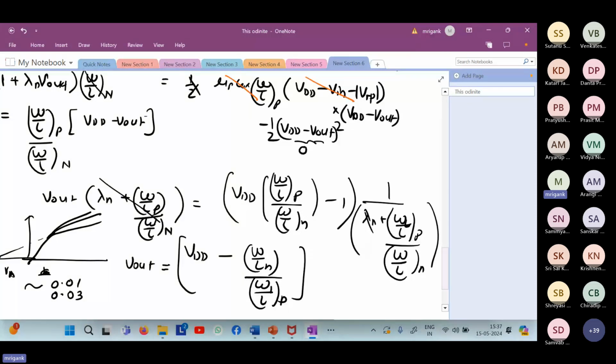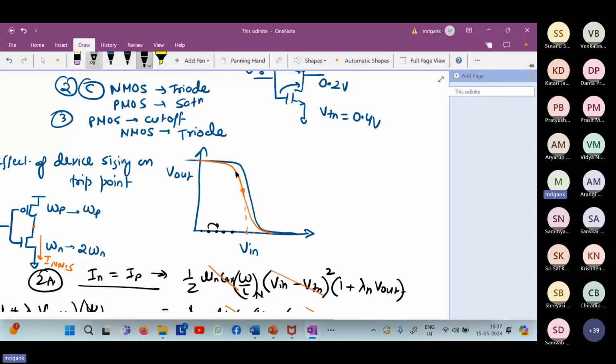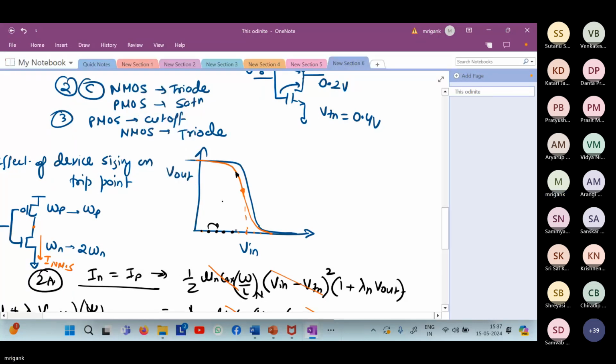Again, going back, that's what we discussed, that at this point, if you're looking at the modified curve because of increasing the W by L of N, what is happening? The IN is becoming stronger for a lower value of V in. Conceptually, even without derivation, how will you explain? For a lower value of V in, I N is becoming stronger, but I N and I P are the same, right?